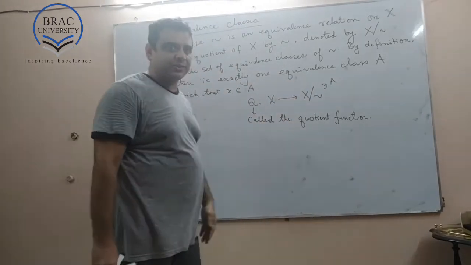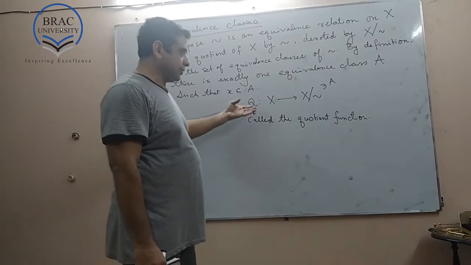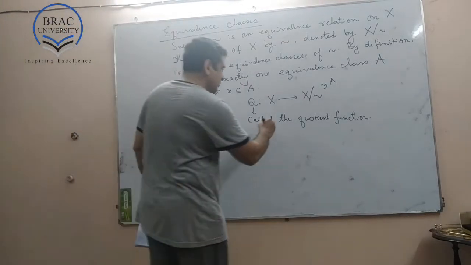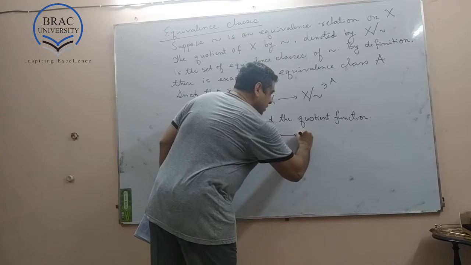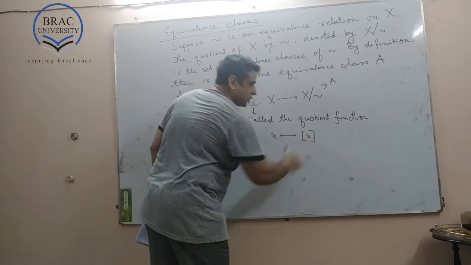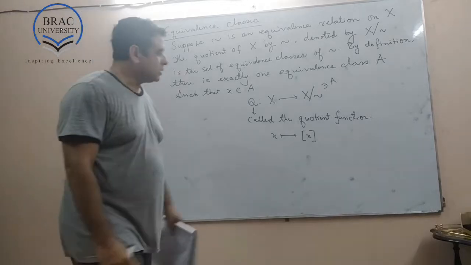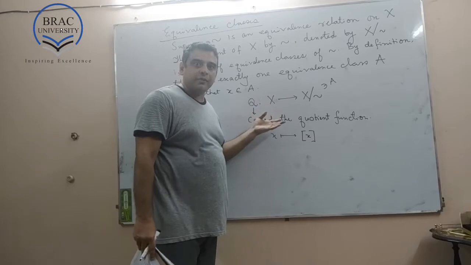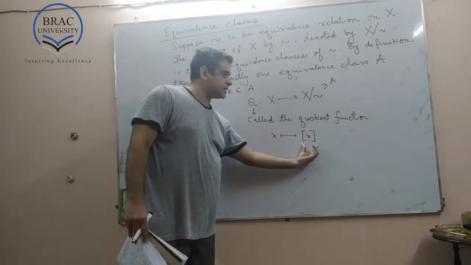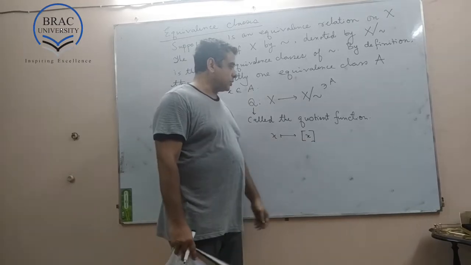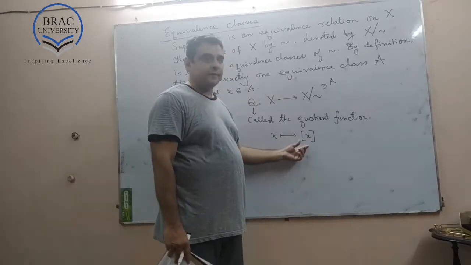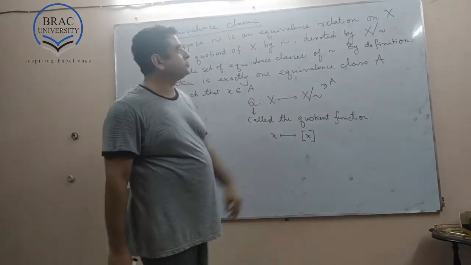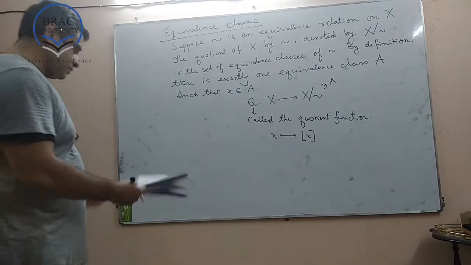So we say that x is mapped to the equivalence class containing x. This is how we define Q in terms of the elements of the set. x is an element of X, and this [x] inside the square brackets is an element of this quotient set.